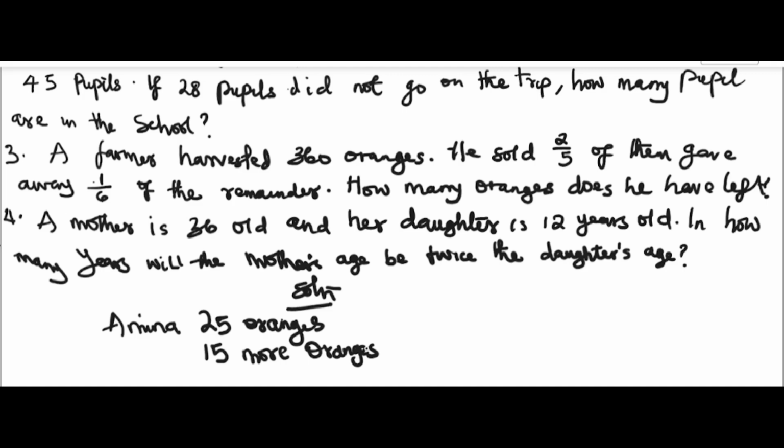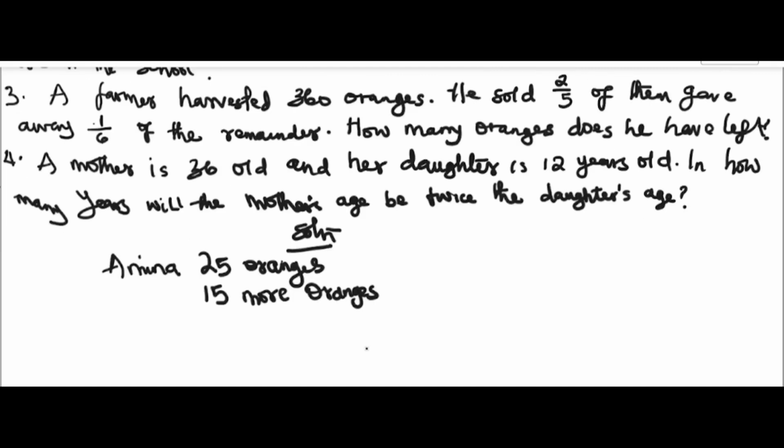So the question says, how many oranges does Amina have altogether? So what are you supposed to do? You add. So Amina has 25 plus 15 oranges altogether, and that means she has 40 oranges altogether. Did you get that? Good.